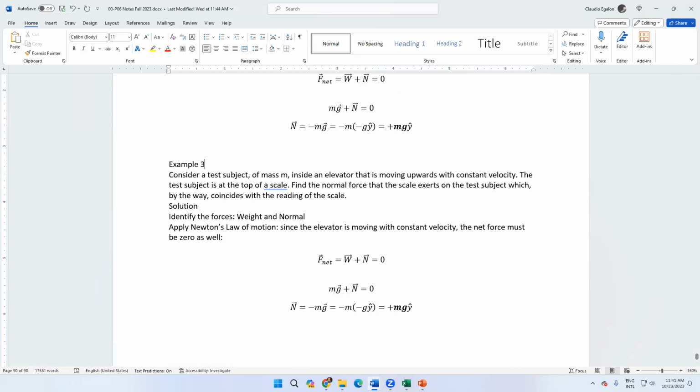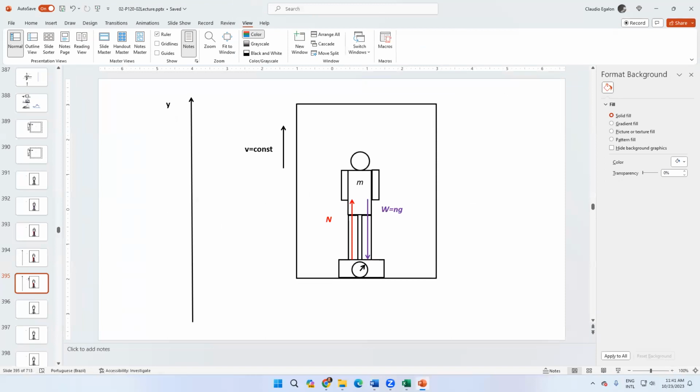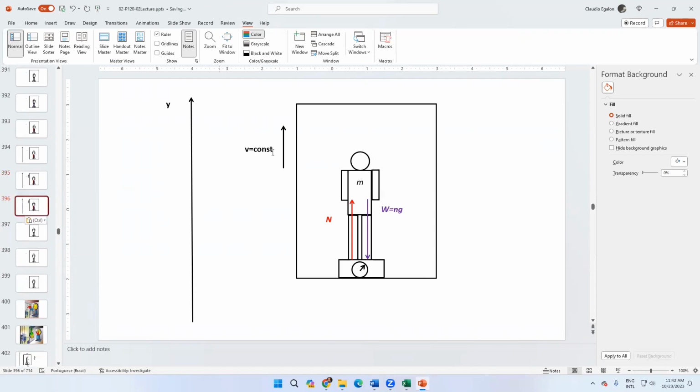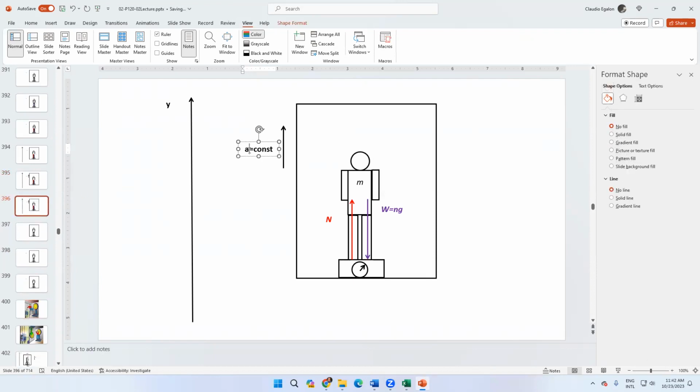Things start to change when the elevator is accelerated. First, I'm going to put the elevator with a constant acceleration upwards.